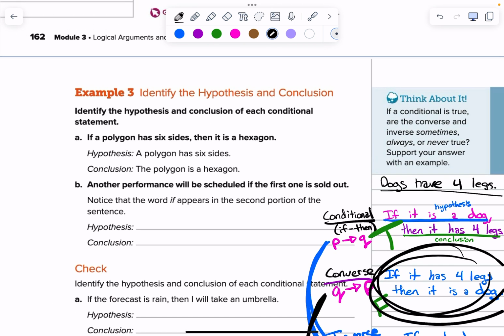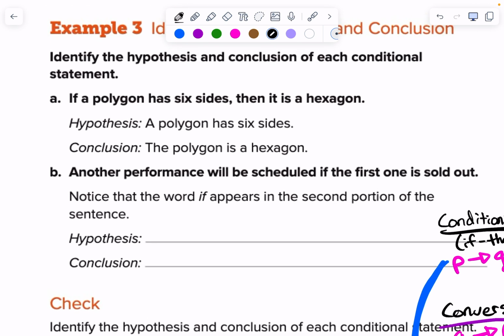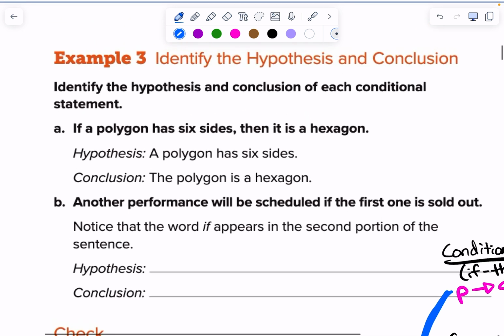Example 3. Shh. Listen. Does a monkey have 4 legs or 2 and 2? I have no idea.